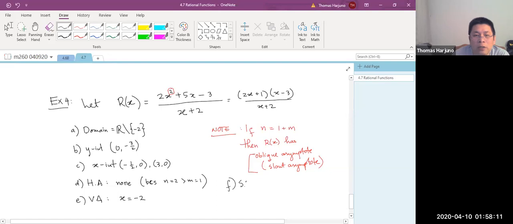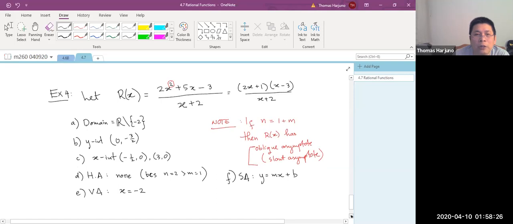The equation of the slant asymptote is given by y equals mx plus b. Notice that the degree on the top is one more than the degree at the bottom. So when I divide it, I should have a linear equation. Let me divide it. 2, 5, -3. You can use long division also though. -2 here, so 2, -4, 1, -2, -5.